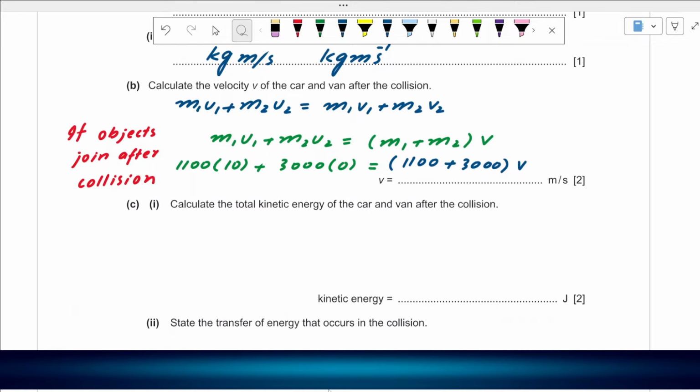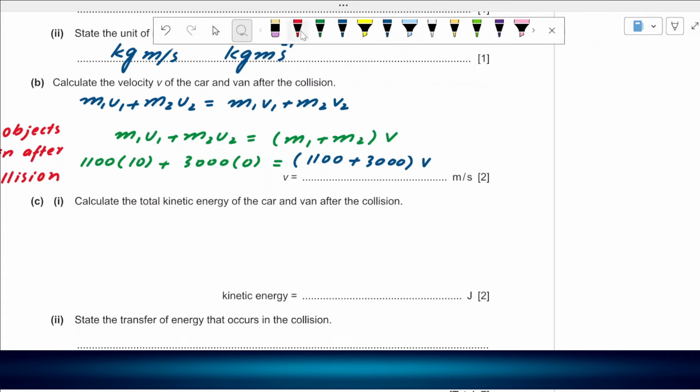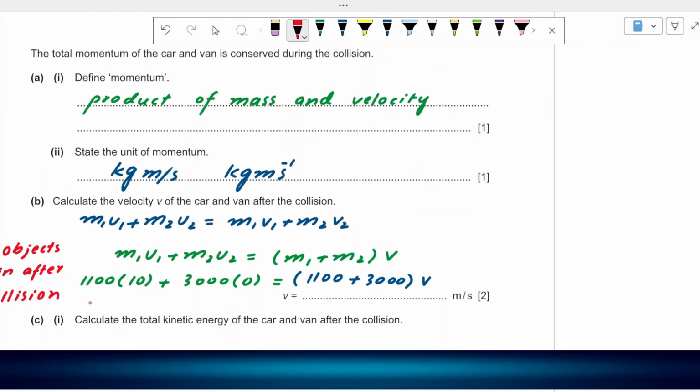Now we simply need to simplify this expression. So on the left side, I'll be getting 11000. On the right, 3000 plus 1100, 4100 times v.